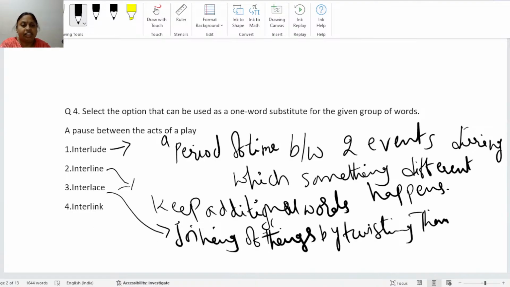And next, interlink means connecting more than two sentences. So here, according to a pause between the acts, a break. So here, period of time, we are taking the break. So that's why option will be 1. So next, we will go for the next question.